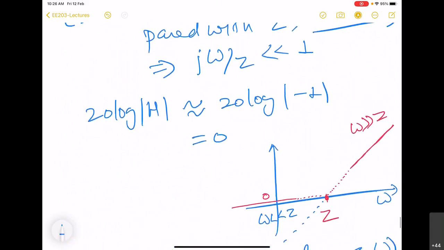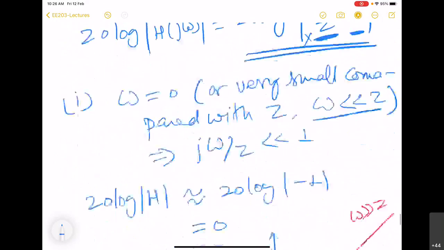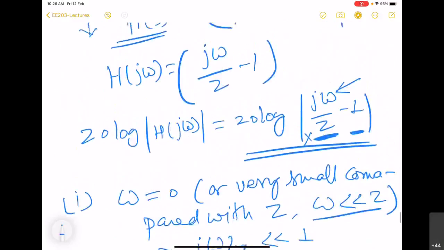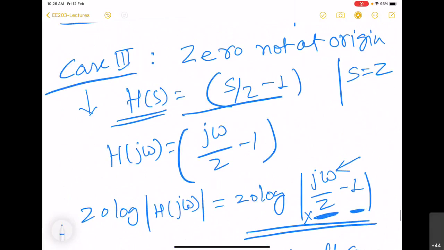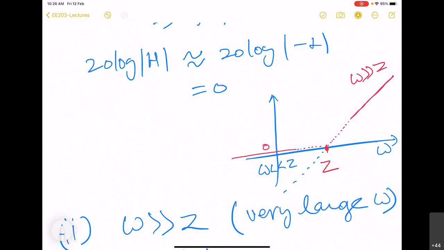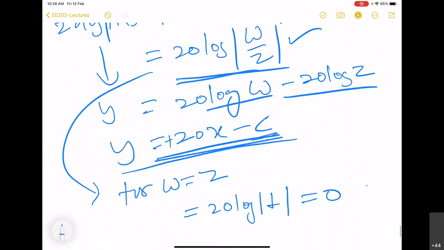So what we say is that if we have this type of term here, its approximate Bode plot is like this. And the slope of this part we have already seen is plus 20.